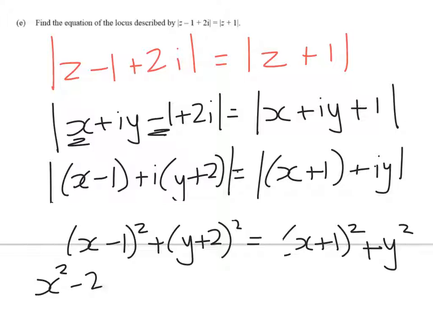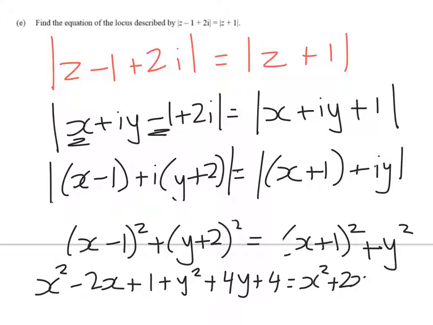I get x squared minus 2x plus 1 plus y squared plus 4y plus 4 equals x squared plus 2x plus 1 plus y squared. Right, we can clean up quite a bit of this straight away. Subtract the y squareds from both sides, subtract the x squareds, and I'm going to do the rest on a new slide.